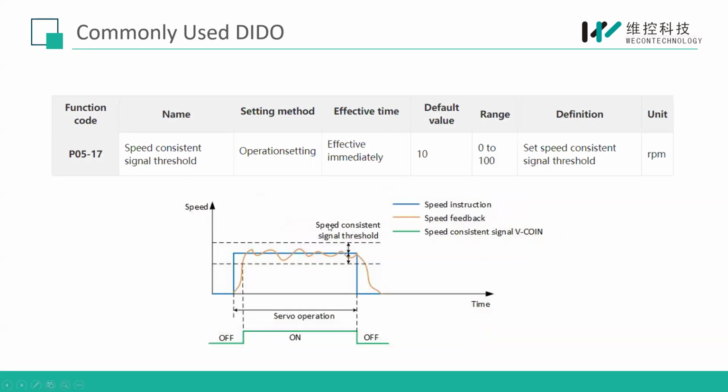And here, the speed consistent signal. For example, we use this 10. This 10 means, for example, our target speed is 1000 RPM.